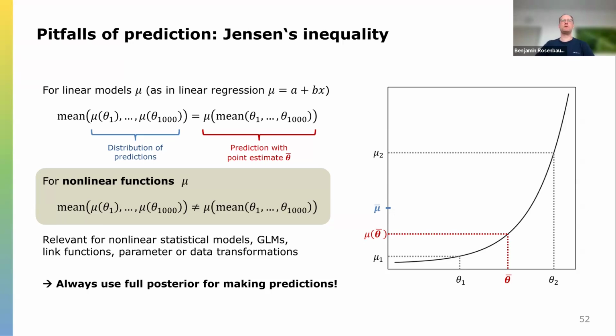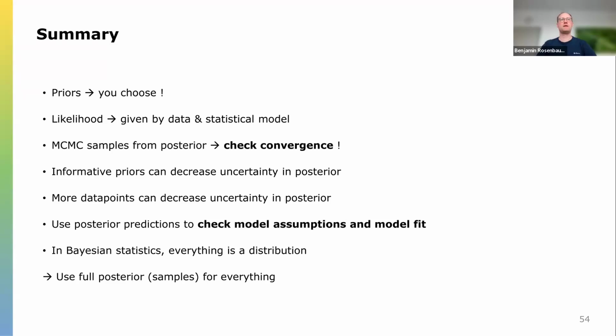So again, please always use the full posterior for making predictions. Just to end this lecture, we have a prior distribution, which usually you have to choose. But in general, I would say that for the choices of distributions, you can always do something with a normal distribution, or maybe some other distributions if your parameters are strictly bounded, for instance, positive.